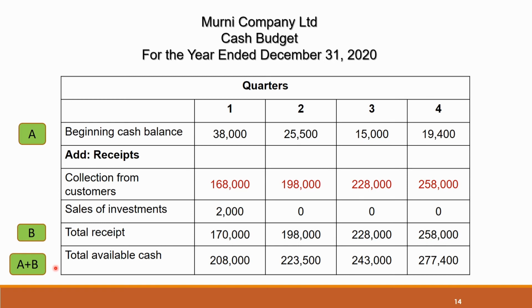So 170,000 plus 38,000, then you get the amount 208,000. And you have to do the same step for the second quarter, the third quarter, and the fourth quarter.